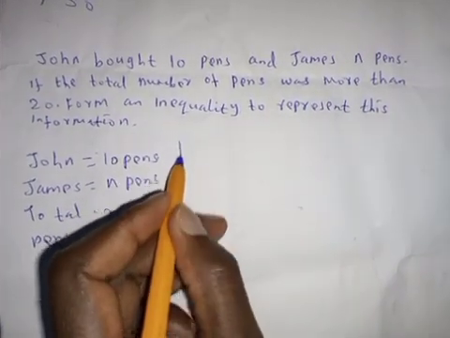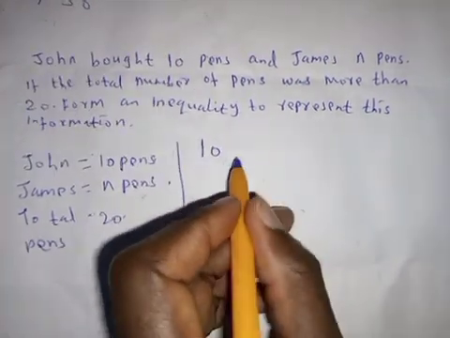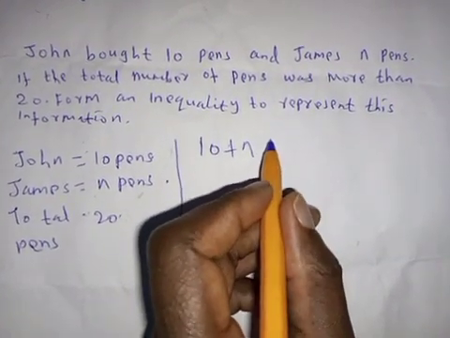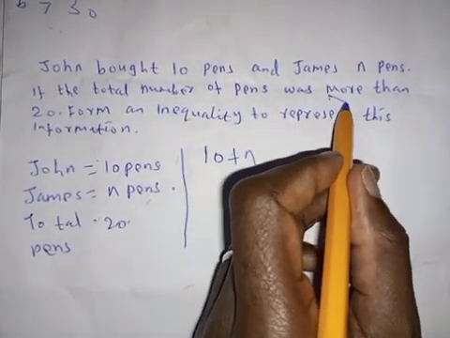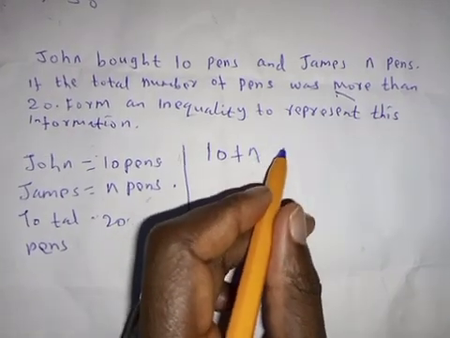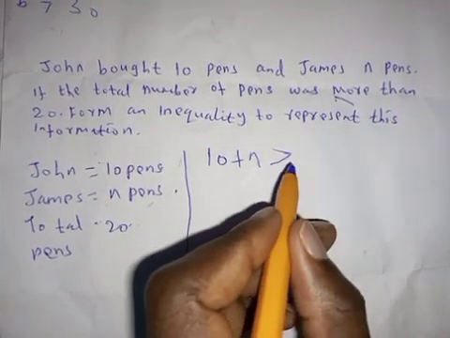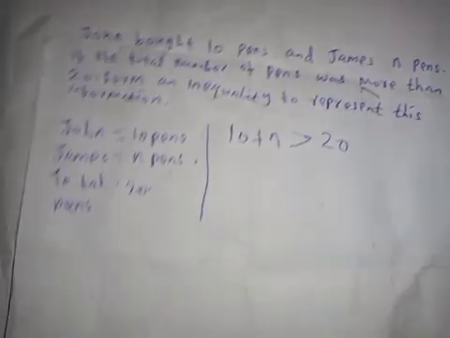So what you are going to do, we are going to add now. So you have 10 plus n. More than means greater than here. More than means greater than, so use this symbol, greater than 20. So that is how we form an inequality.